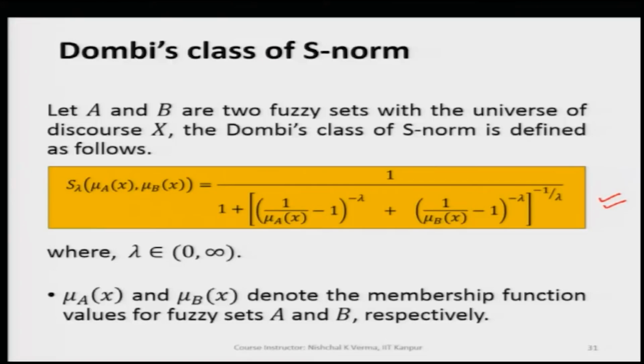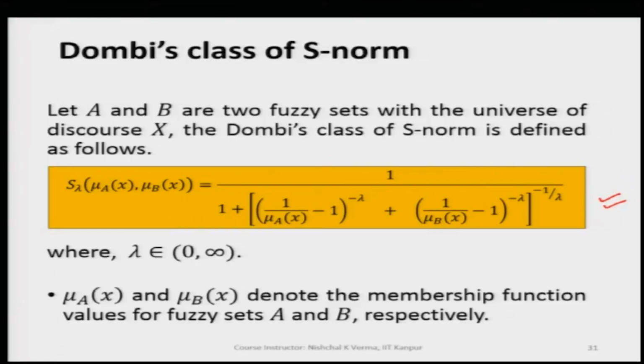So, S lambda of mu A of x and mu B of x is equal to 1 over 1 plus, 1 over mu A of x minus 1 raised to the power minus lambda plus 1 over mu B of x minus 1 raised to power minus lambda, whole raised to power minus 1 over lambda. The lambda values here will be in between 0 and infinity.